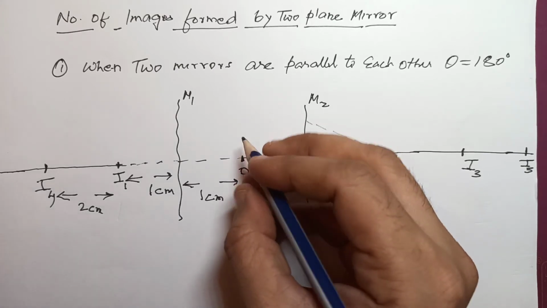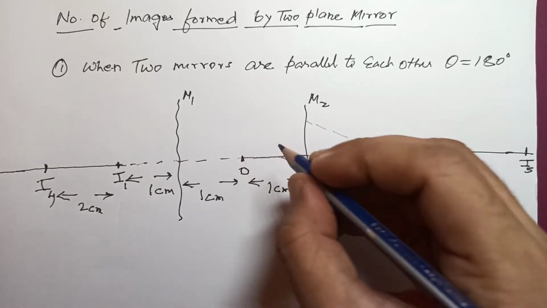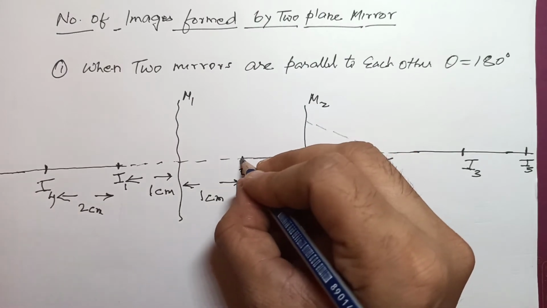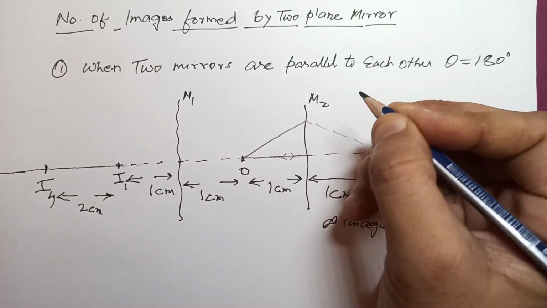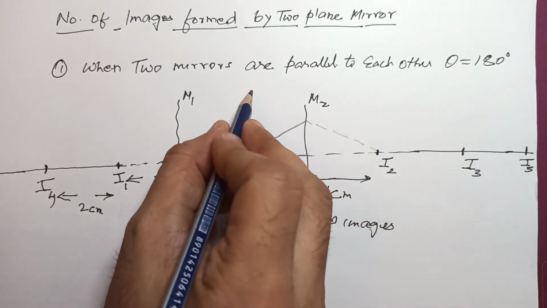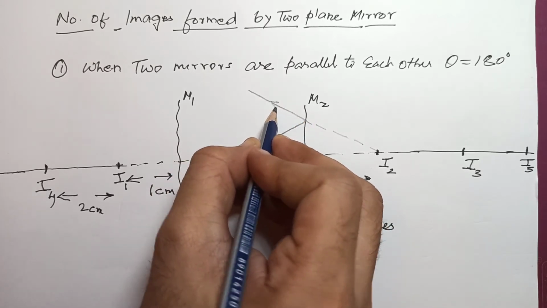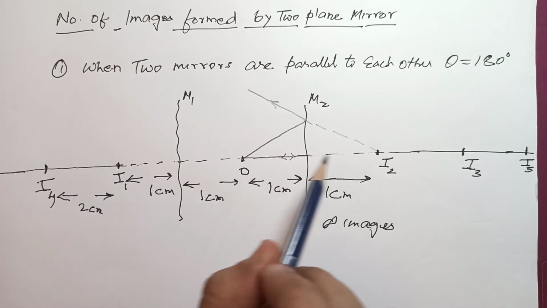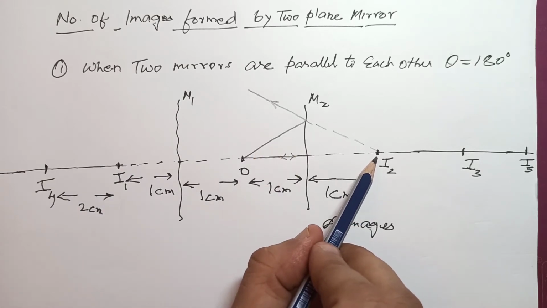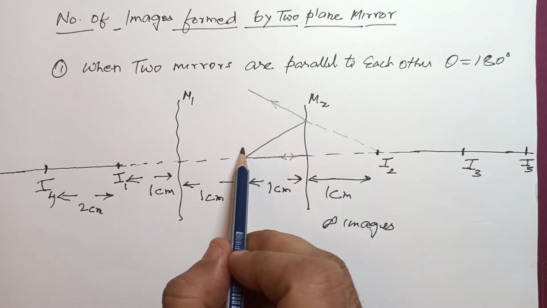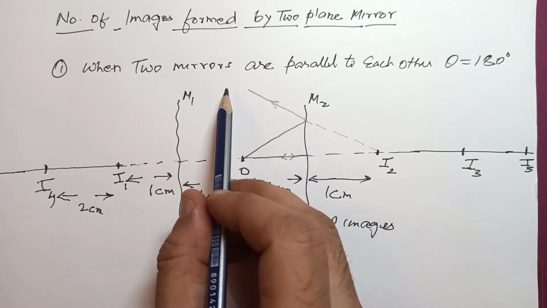If I talk about the second ray, it will make us feel as if it is coming from I2, but actually it is coming to this point and then taking a turn.